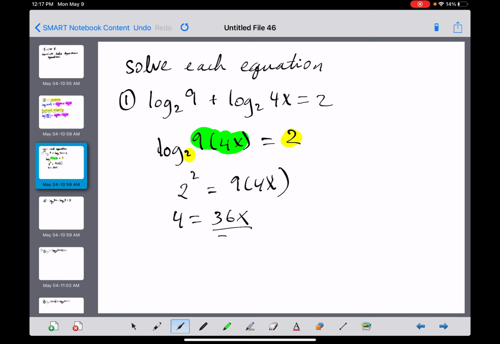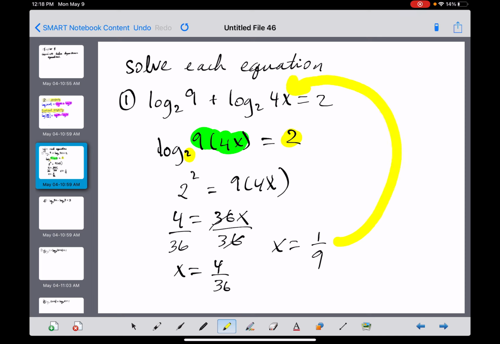And then we divide both sides by 36. x is going to be 4 over 36. Reduce it, we're going to have 1 over 9. Now, when it comes to logs, we have to make sure that the answer is okay, meaning if you plug the answer back into the original problem, like this answer right here, 1/9, plug into x, and it produces a positive number, that means that answer is possible.